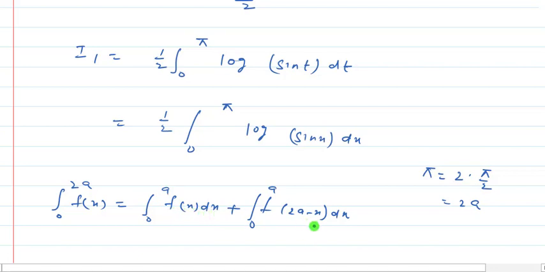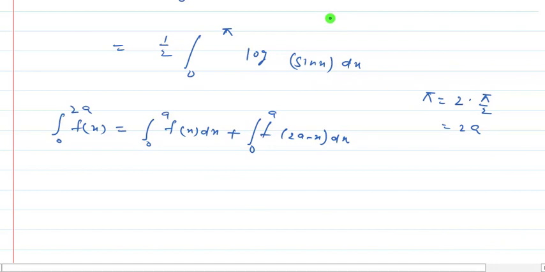And if f(2a minus x) is equal to minus f(x), then its value is 0. So let us find out that log sin x is, after applying this property, whether f(2a minus x) is equal to f(x) or equal to minus f(x). So applying this property, let us check.